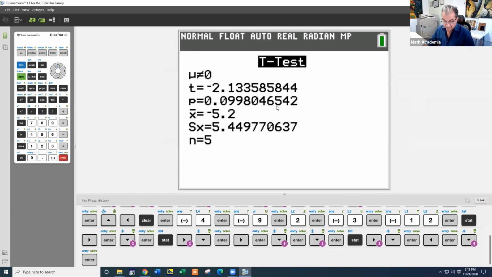So if you input the differences in L1, then you can go directly to data and do it without needing to calculate X bar or S sub X or D bar or S sub D. Okay, let me stop sharing this and let's go back to the next example.